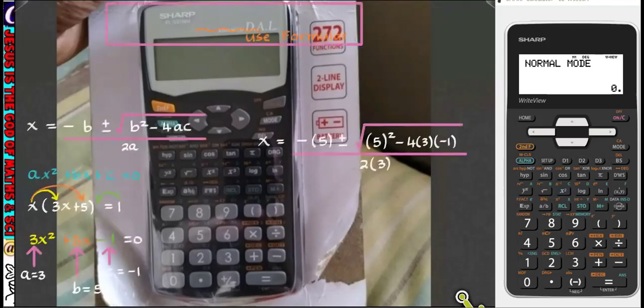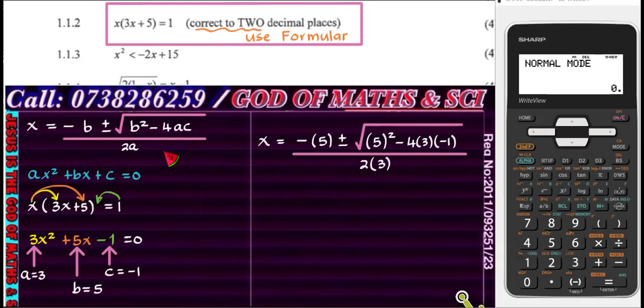All right. Now, let me show you from my one because it's sharp. Because I need to divide, I would press this thing here because it's got a division. So I put minus the negative one, open the bracket, put a 5, close the bracket. Then because there is plus or minus, I must choose one of them. I'll choose plus.